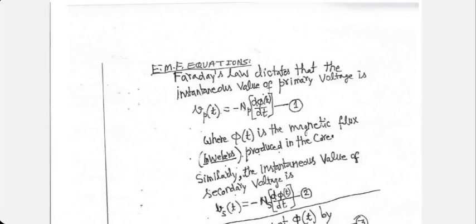So let's assume that some time varying flux phi t is going through that core. Then Faraday's law will dictate that vp should be minus Np d phi by dt. It's a well-known law of physics. Similarly, in the secondary winding, vs as a function of time will be minus Ns d phi by dt. Fair enough.